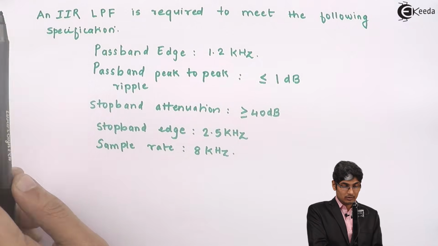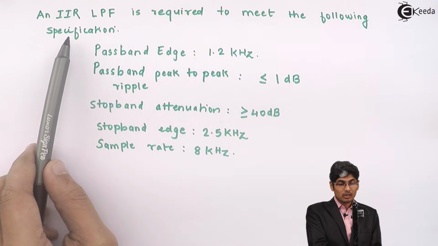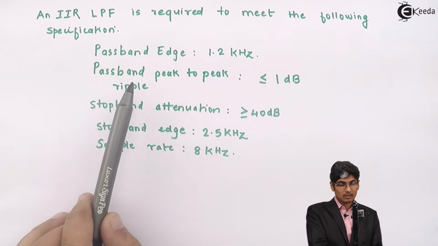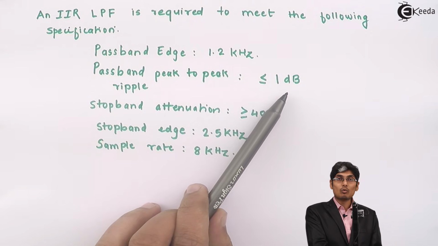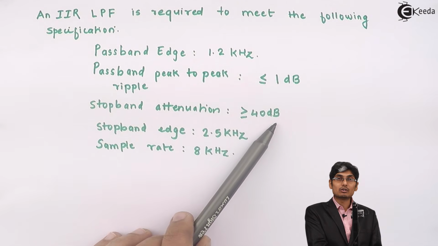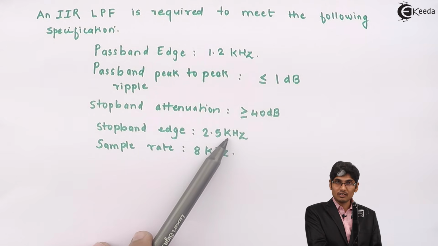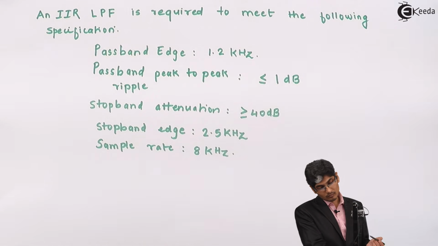The problem given for today is an IIR LPF is required to meet the following specification. Passband edge is 1.2 kHz, passband peak to peak ripple is less than or equal to 1 dB, stopband attenuation is greater than or equal to 40 dB, stopband edge is 2.5 kHz, sample rate is 8 kHz.